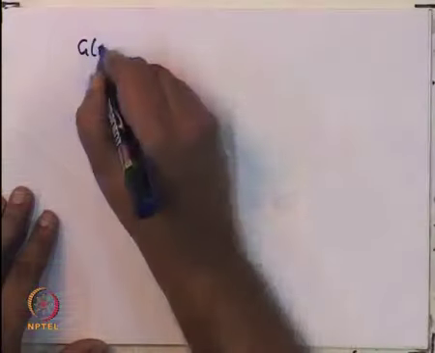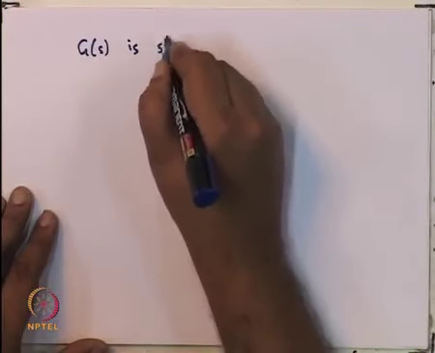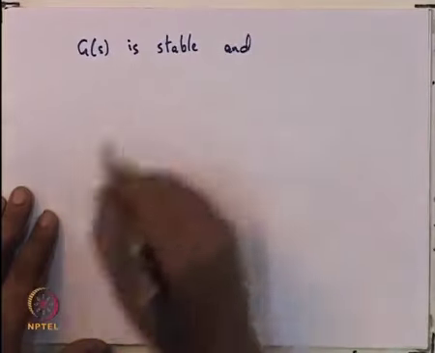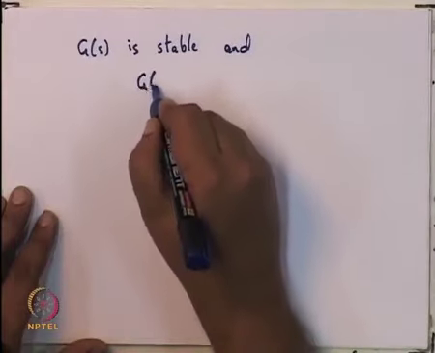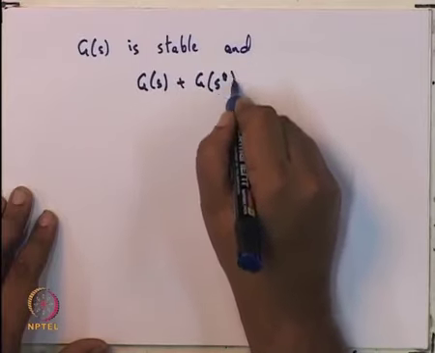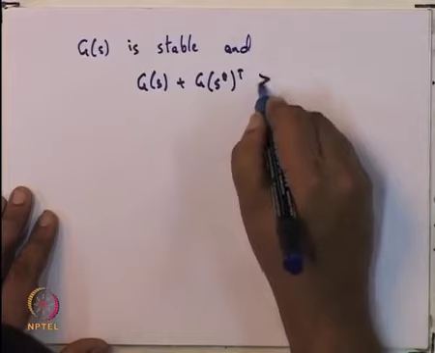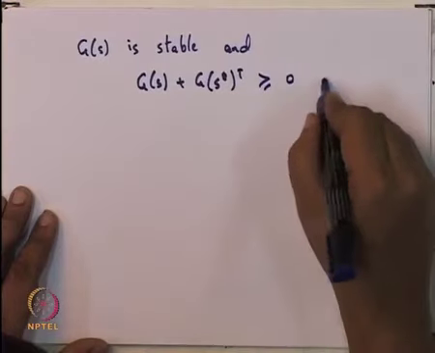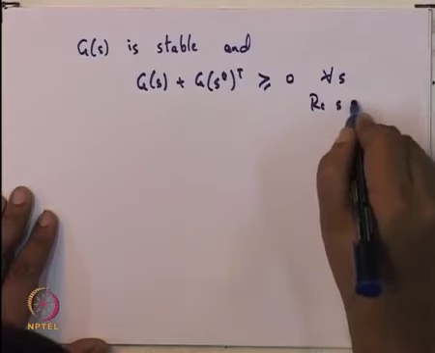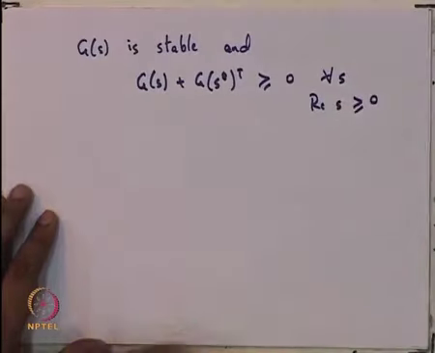So we are assuming G S is stable, and G S plus G S star transpose is greater than or equal to 0 for all S such that the real part of S is greater than or equal to 0.